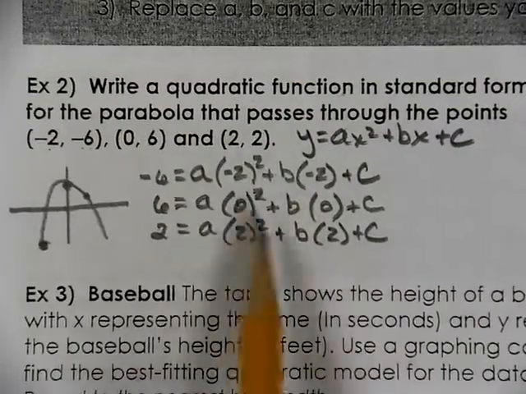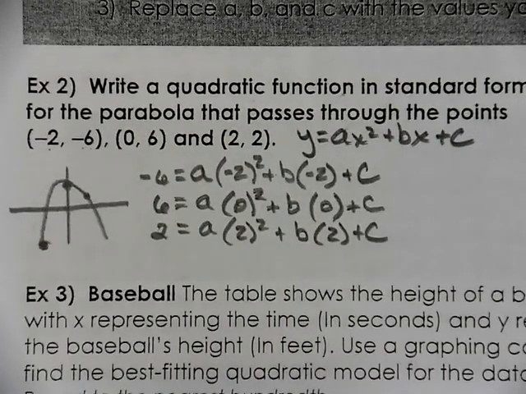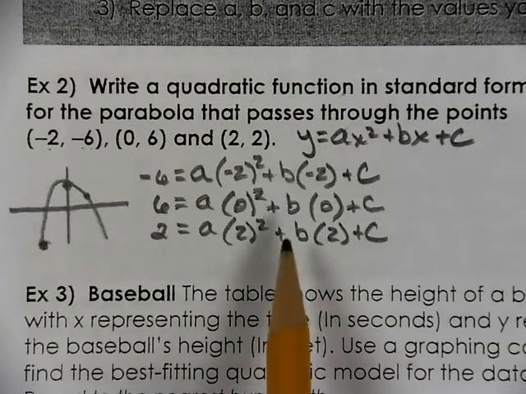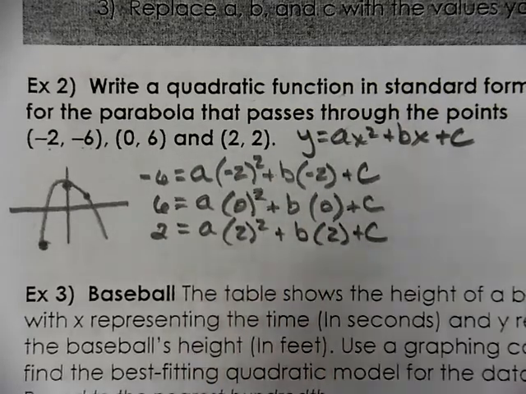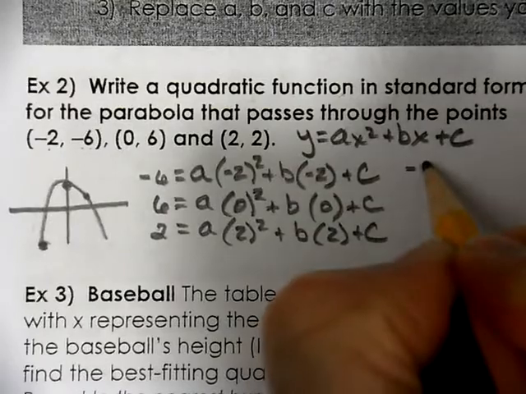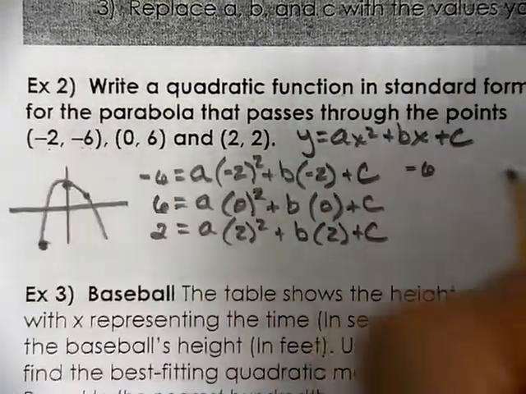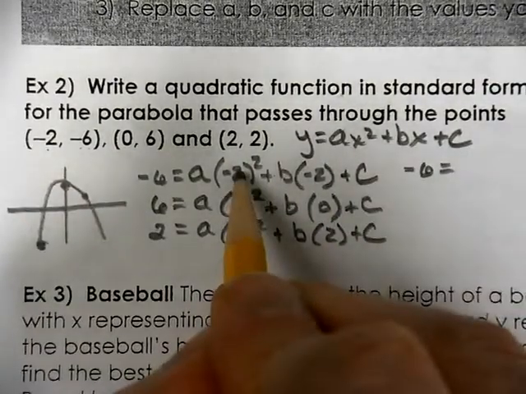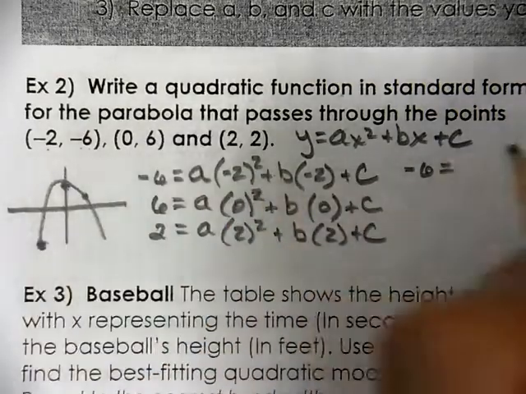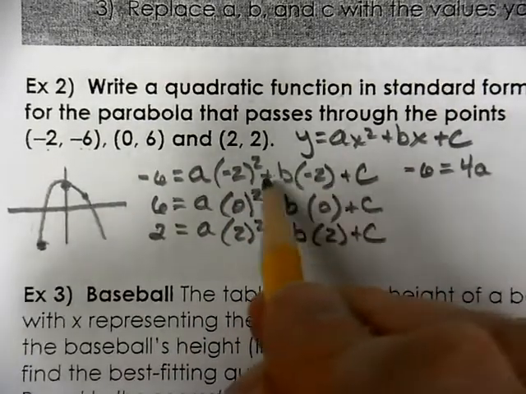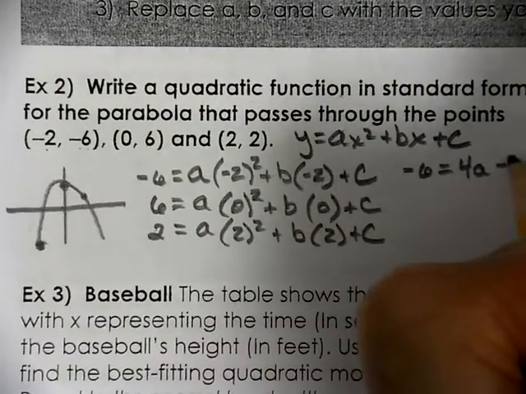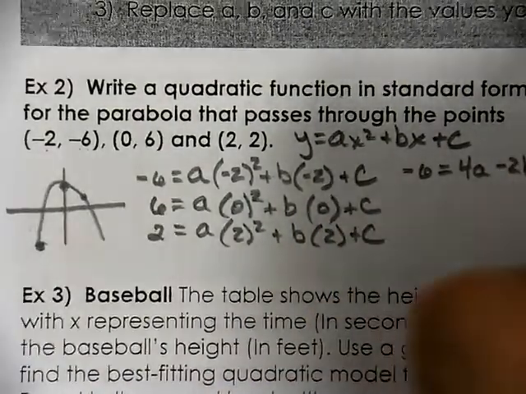So now we have these three equations. We're going to rewrite these equations kind of cleaned up. Take our negative 6 and equal that to negative 2 squared, which is 4a, minus 2b, plus the c.